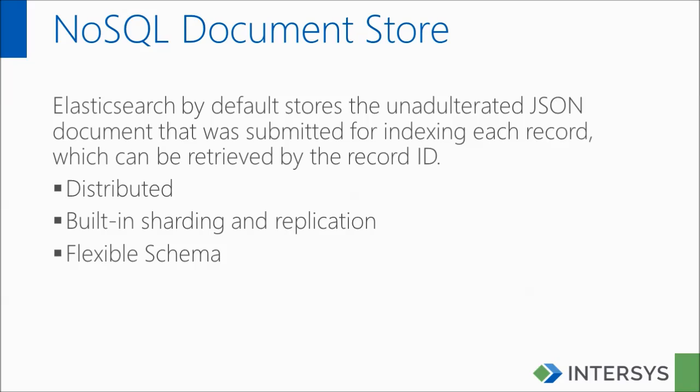So you kind of get a working NoSQL document store that's distributed and has a lot of the same features that you get with Cassandra or Mongo or any of the other popular NoSQL data stores out there, for free. Now, there are some limitations. Mainly, you don't want to use it as your source of record, because this product has not been around all that long, and it doesn't focus on being a document store.